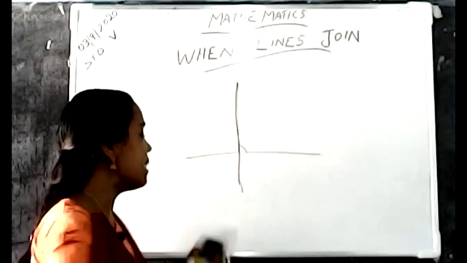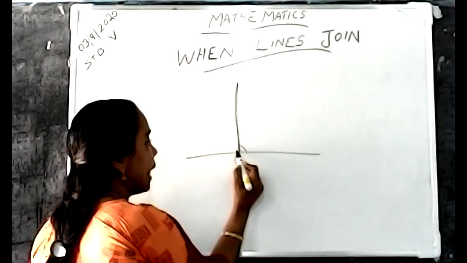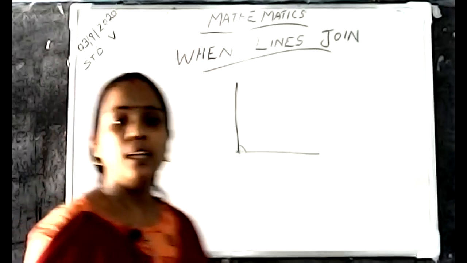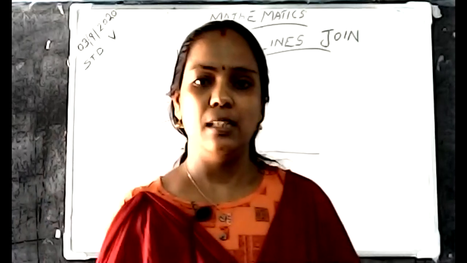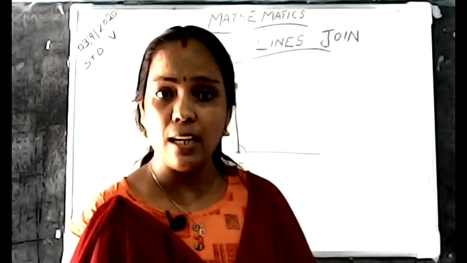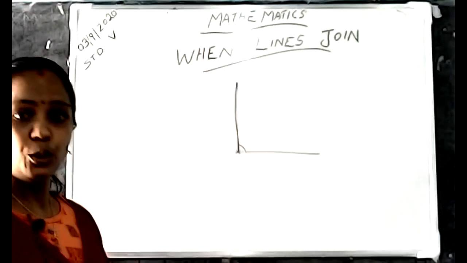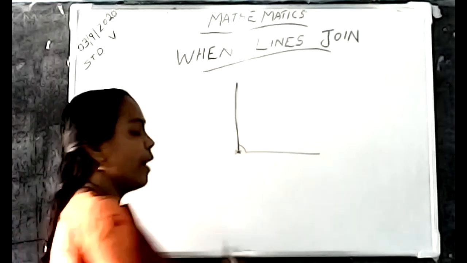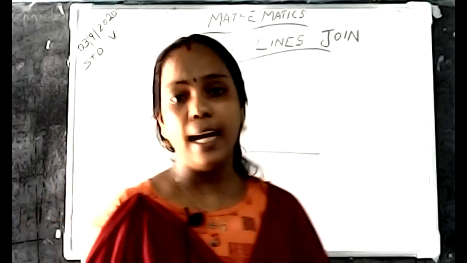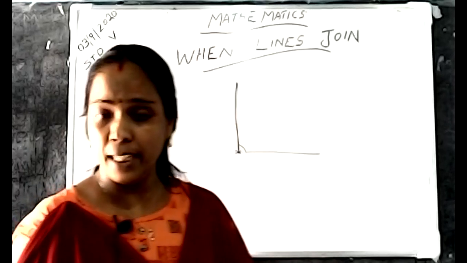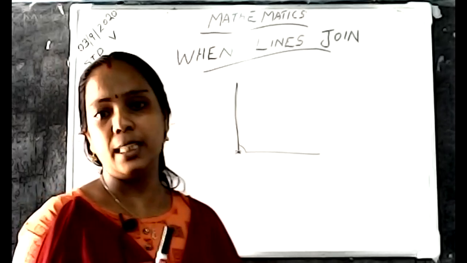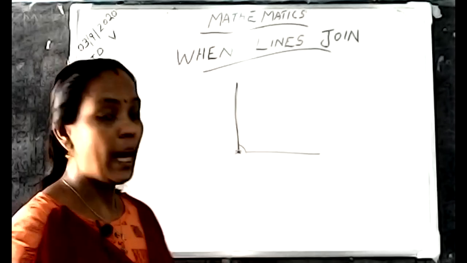When two lines are joined or meeting at a point, then they form an angle. When do we form an angle? When two lines are meeting at a point, then they form an angle.